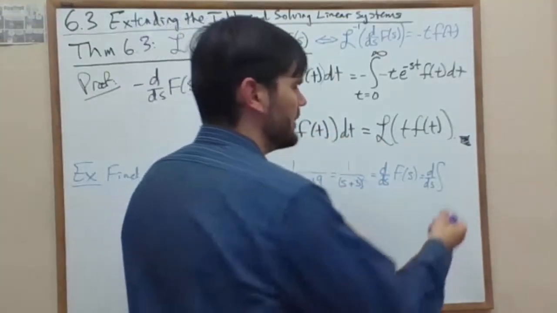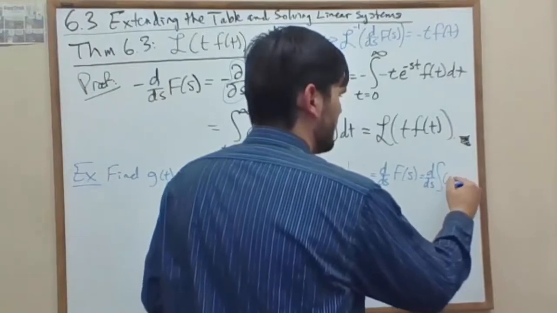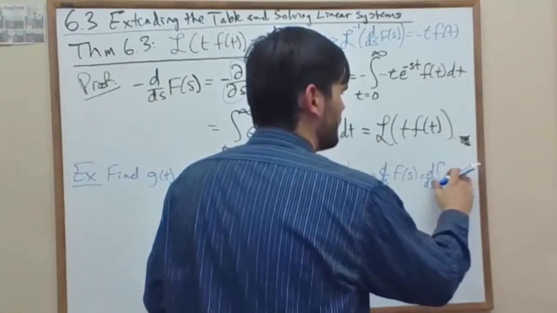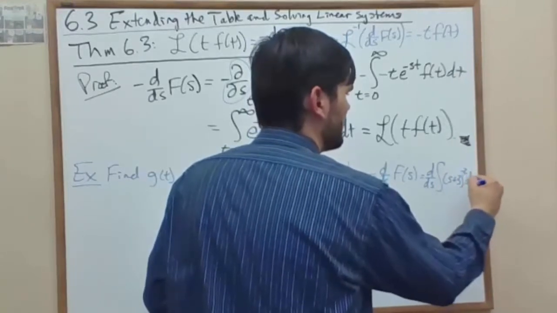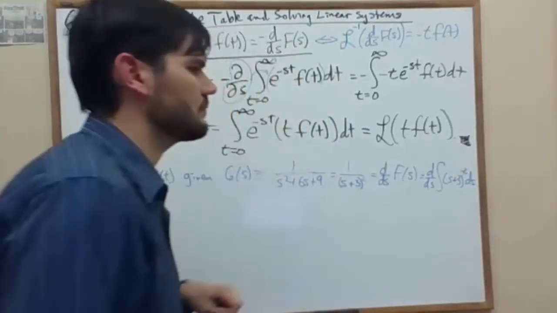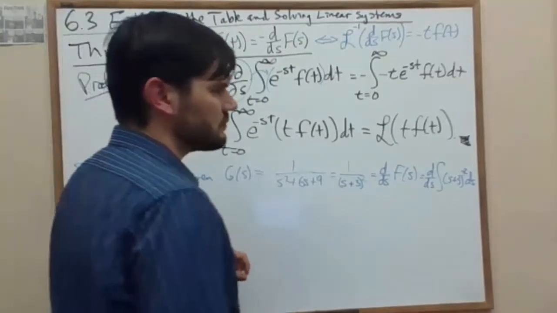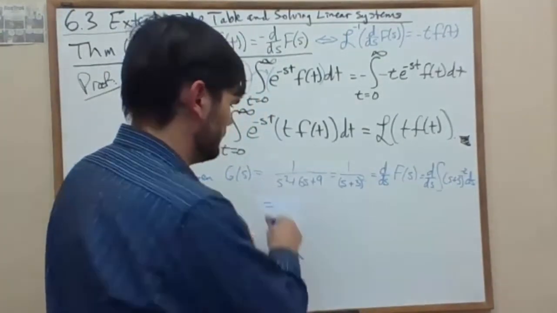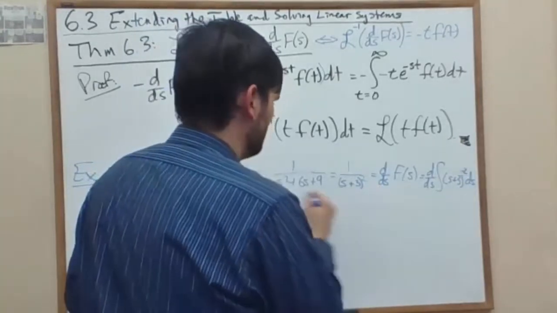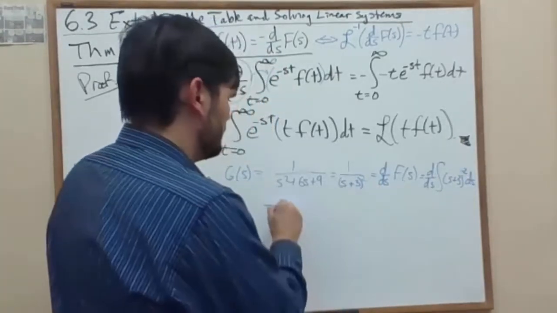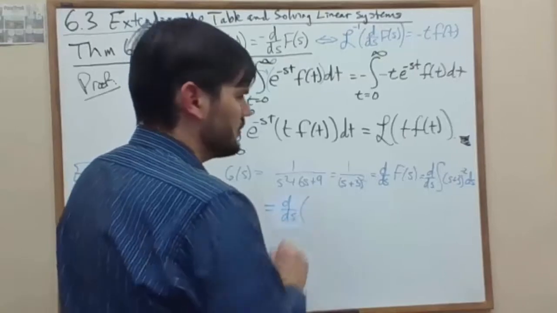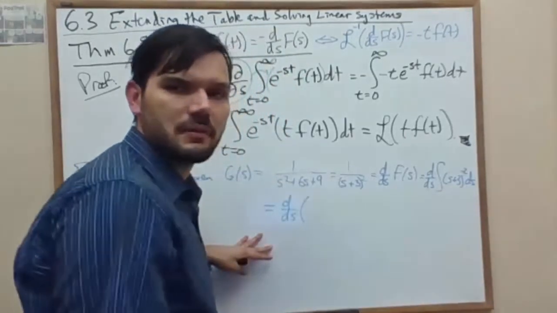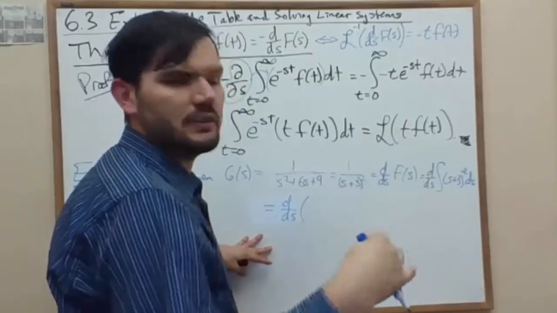So what is our function that we're integrating? That is s plus 3 to the negative 2 power ds. So we can let our u equal s plus 3, and then du equals ds.